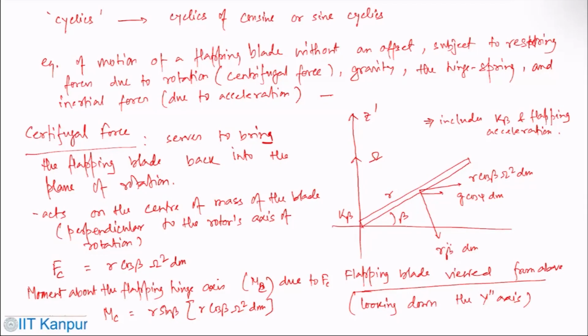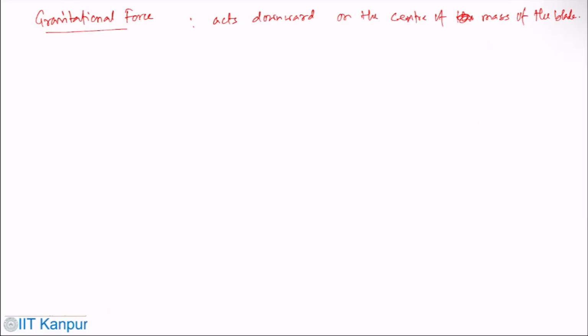So the next one we'll consider is gravitational force. It acts downward on the center of mass of the blade.